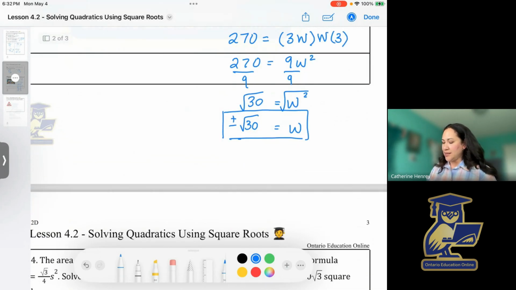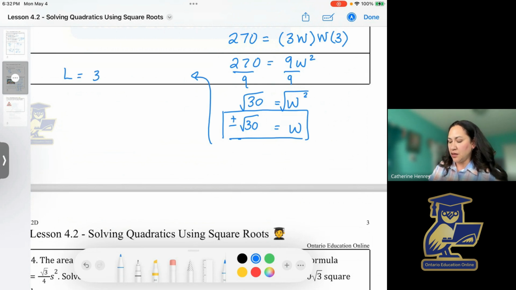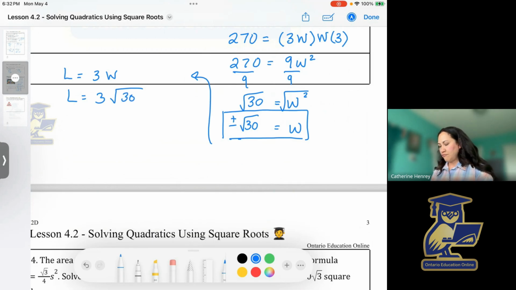So we're going to go ahead and sub that back into the length, which was equal to 3 times the width. So the length is equal to 3 times root 30. So there you go. We have the length and we have the width.